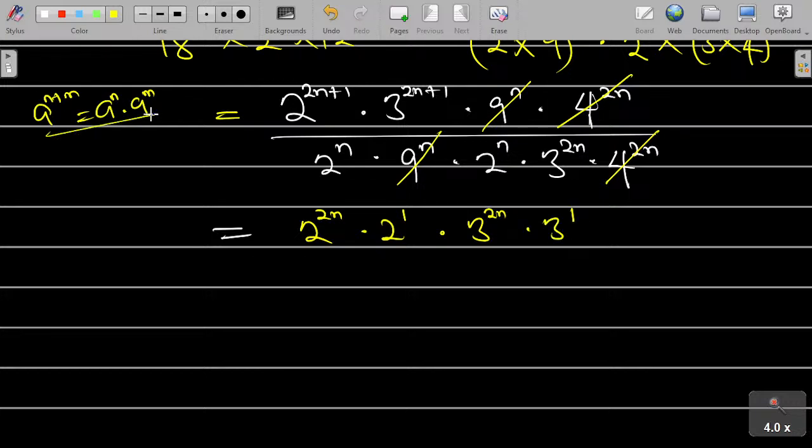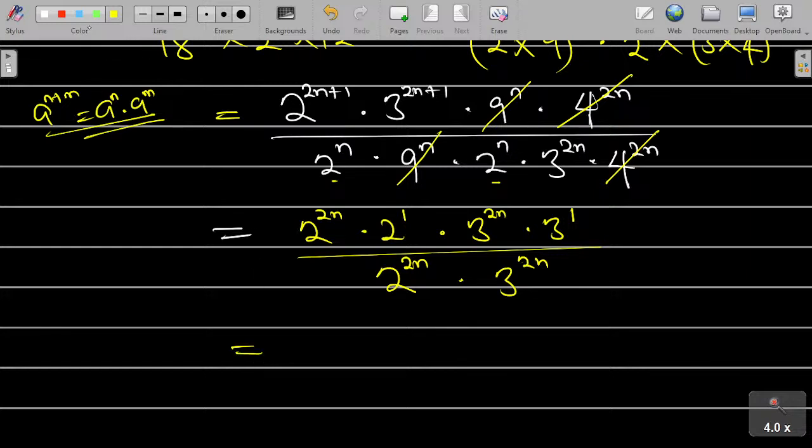Following that rule, and everything is all over. Now if you join this and this, you are going to get 2 to the power of n plus n, which is 2n, then multiplied by this one, bring it down the way it is, that's 3 to the power of 2n, and you are done.